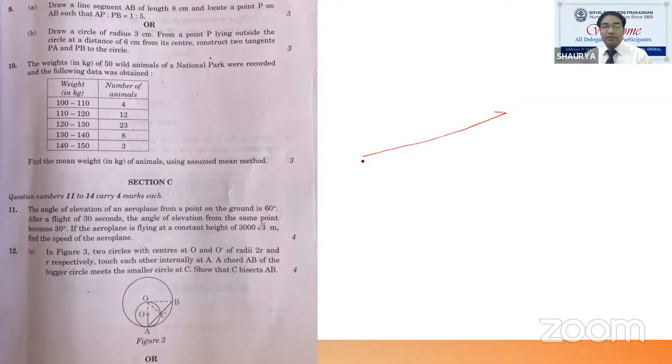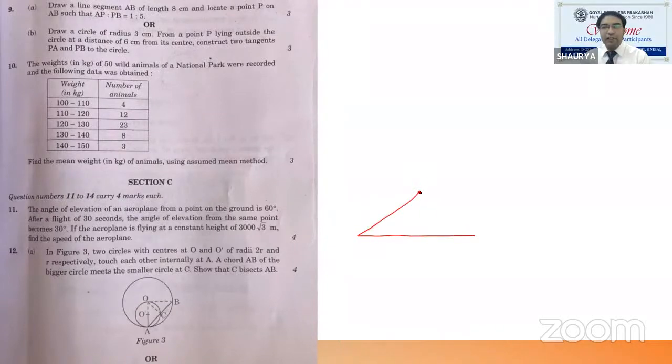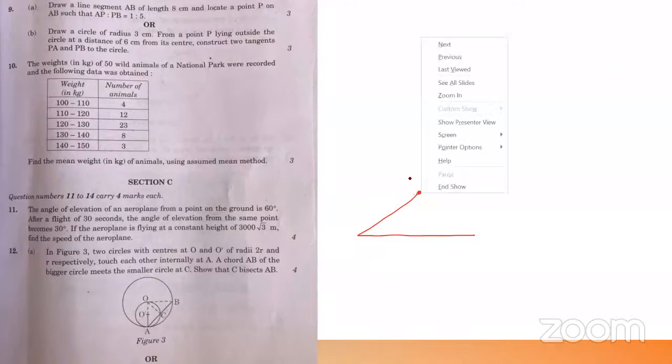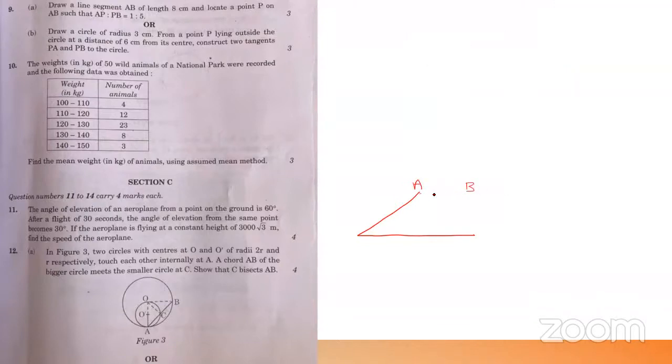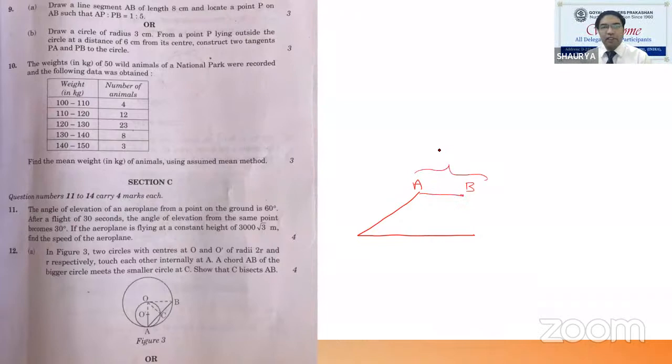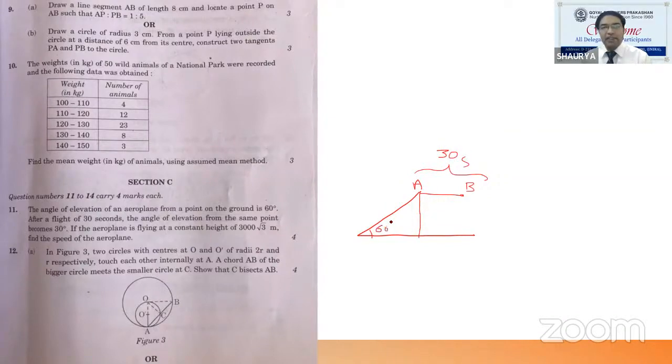Okay. Anyways, I'll just draw the diagram again. This is what the figure would look like. It flew at a constant height to some distance, let's say. The time it took to go from A to B is given to us. It is 30 seconds. At A, the angle of elevation from the ground was 60 degrees. And when it reached B, the angle of elevation became 30 degrees.